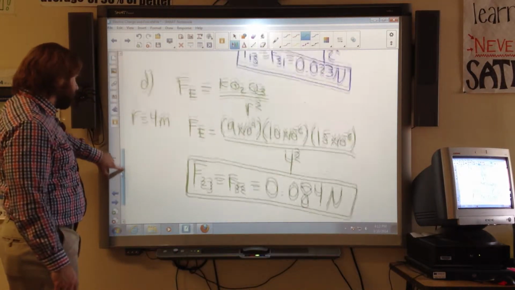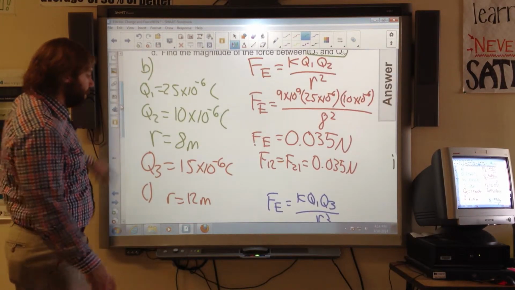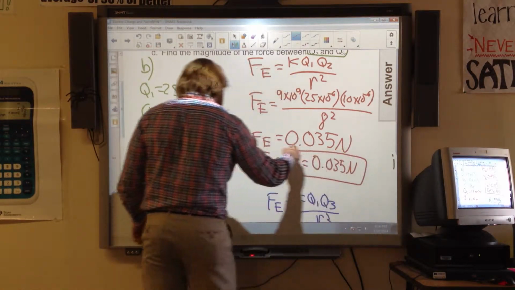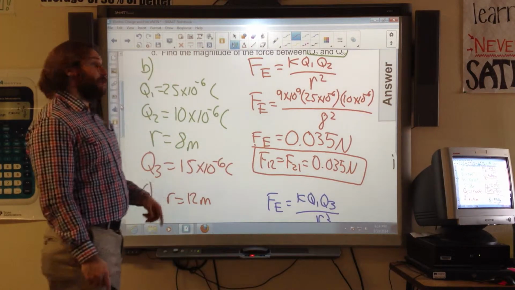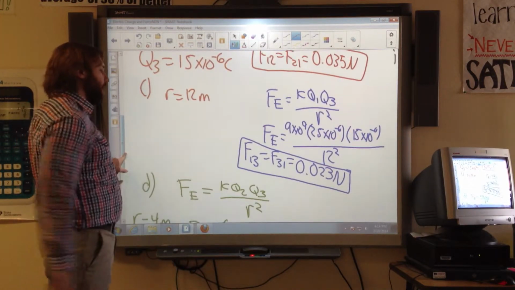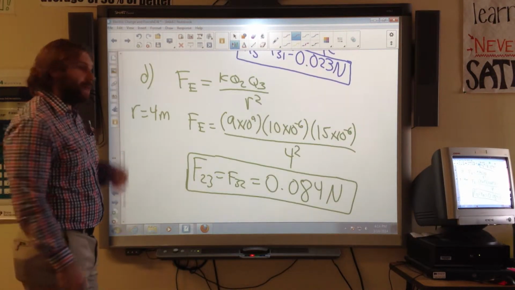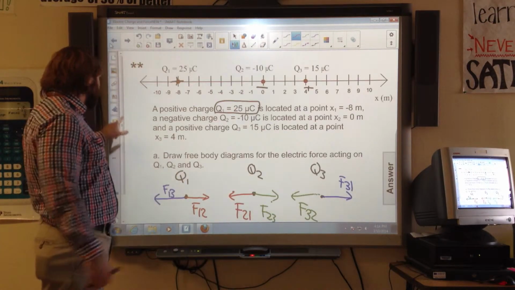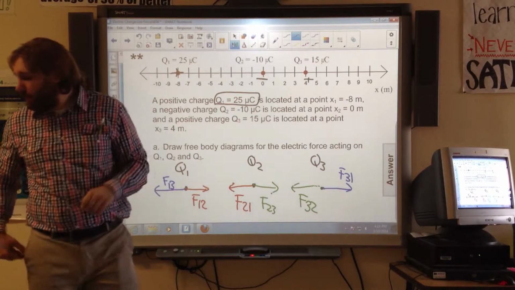So we have our 3. Force between 1 and 2, force between 1 and 3, force between 2 and 3. And now, we need to find the net force. So we go back to our free body diagrams, and we look at each one.